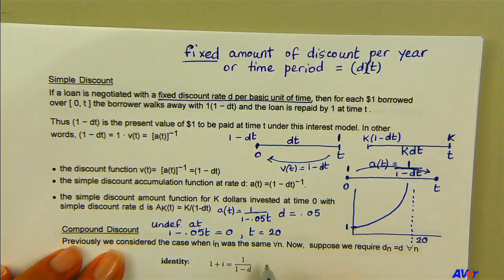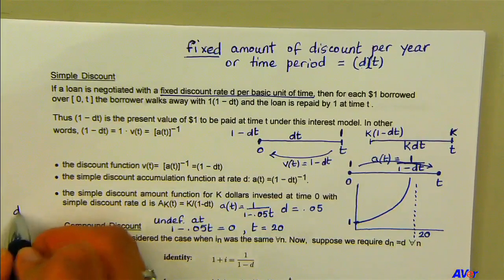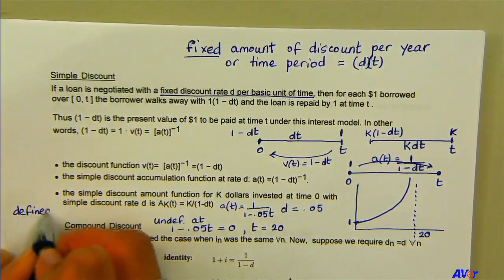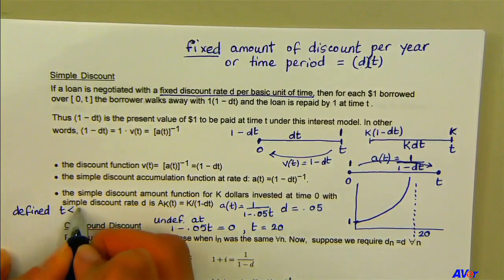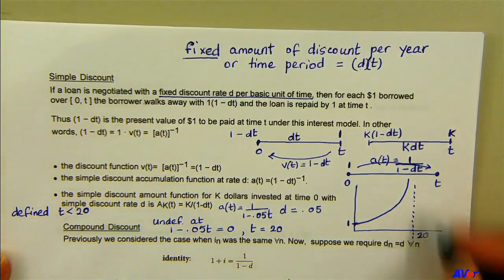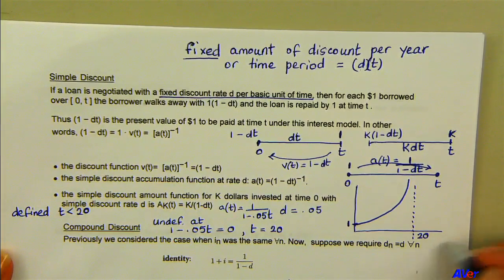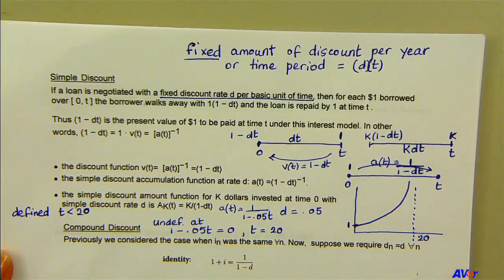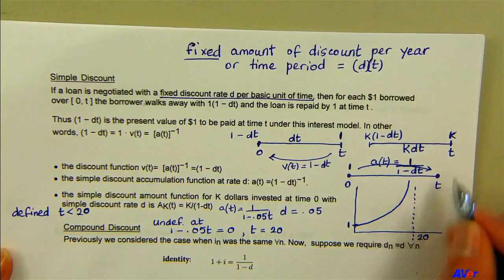So I'm going to say here it's defined for t less than 20. Because after that, it would look like this, and that doesn't make any sense for my a of t function. Follow me? So there's a vertical asymptote at t equals 1 over d.